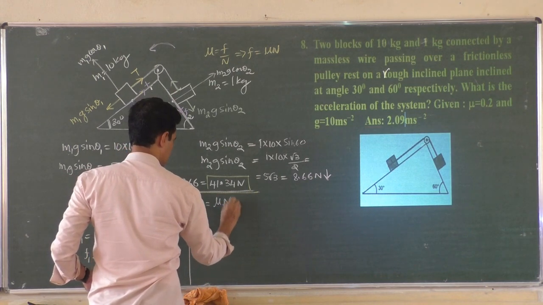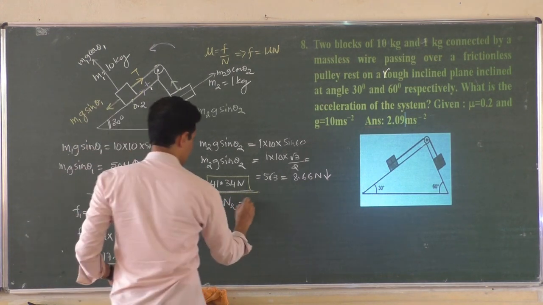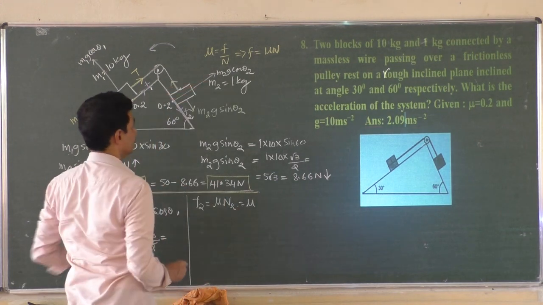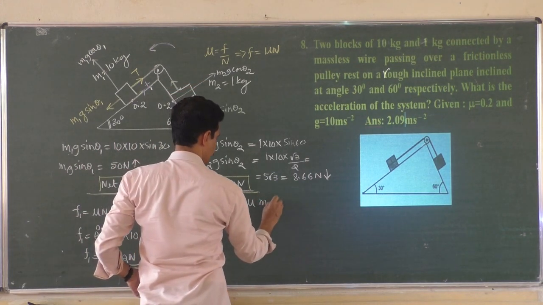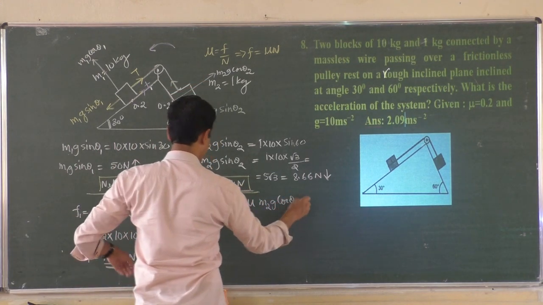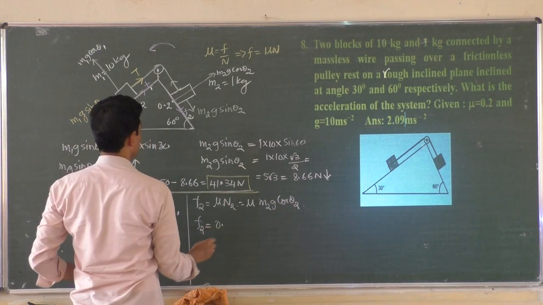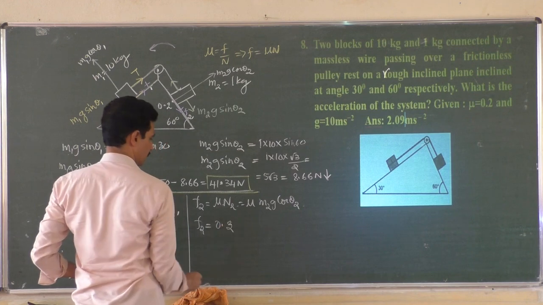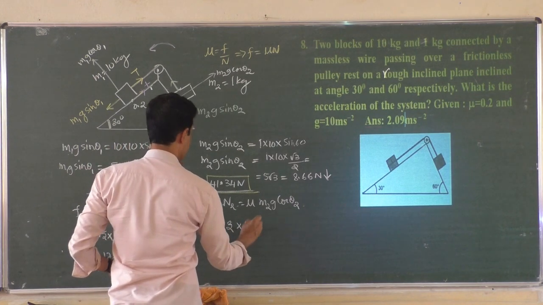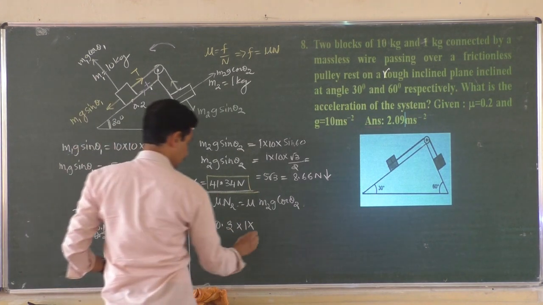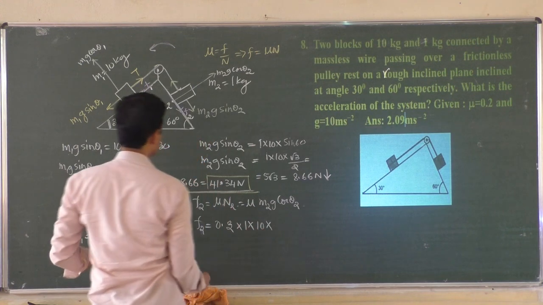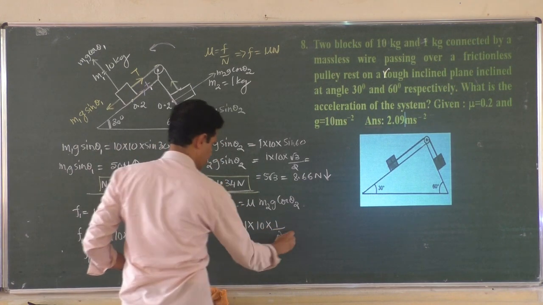F2 is mu into n2, mu is same on both sides. n2 is the normal reaction here, m2g cos theta 2. So F2 is 0.2 into m2 which is 1 kg, g is 10, cos theta 2 is half, right?